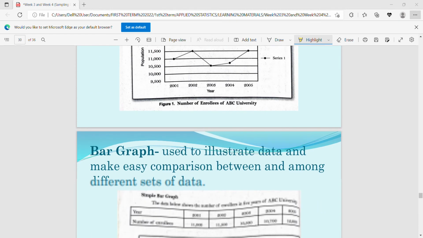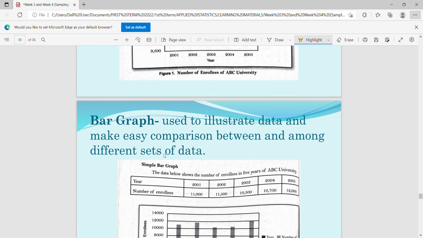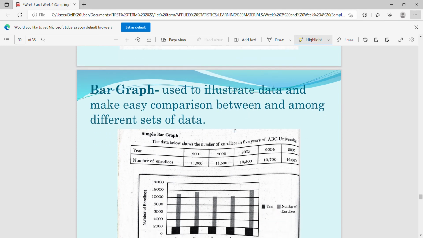Okay, we have here the bar graph. We use this to illustrate the data and make easy comparison between and among sets of data.